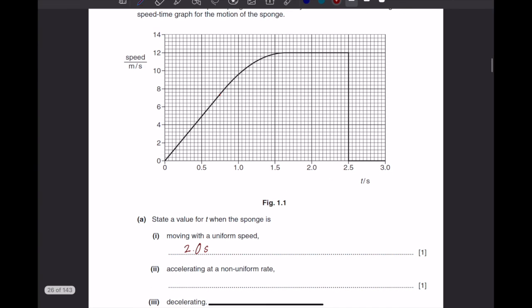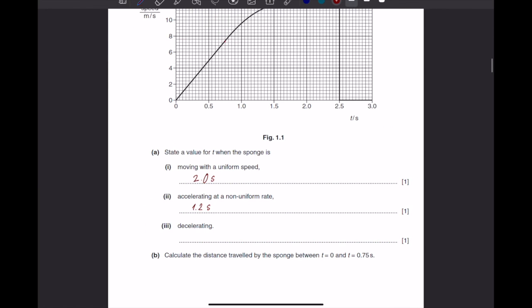Then it says accelerating at a non-uniform rate. This straight line segment tells me that the acceleration is uniform here, whereas this curved section tells me that the acceleration is decreasing. Anything that I write between 1 and 1.5 should be an acceptable answer for non-uniform rate, so the answer can be 1.2 seconds.